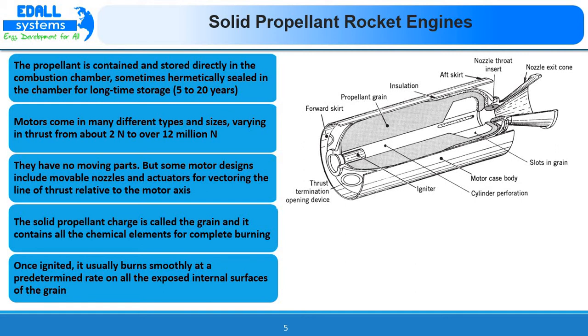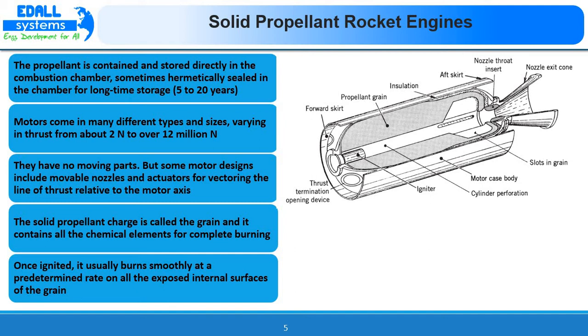The motors come in many different types and sizes, varying in thrust from about 2 Newton to over 12 million Newton. So the solid motors come in different sizes, different types, and based on various thrust levels between 2 Newton and around 12 million Newton. They have no moving parts, as we have discussed; it is a very simple design.